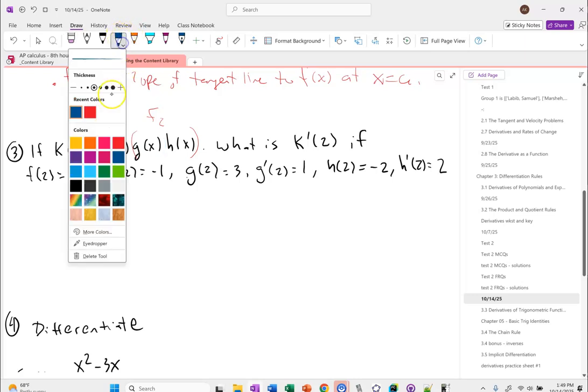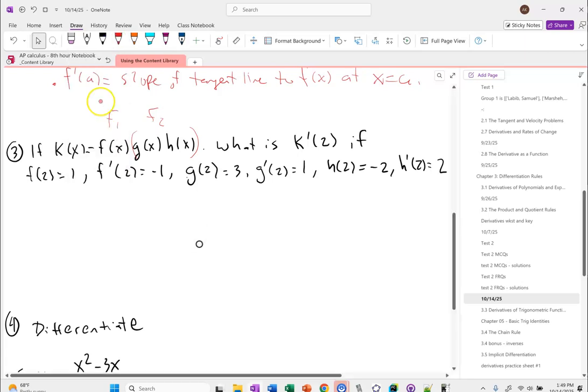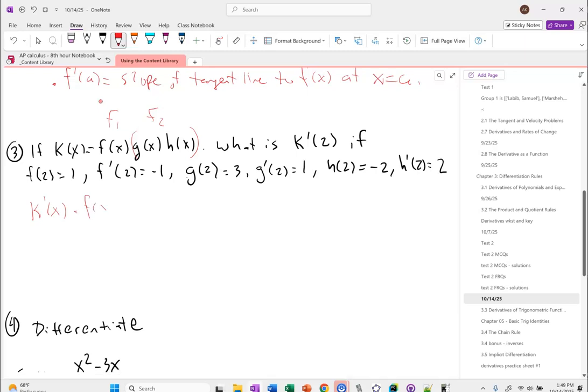Is everybody okay with that idea? So the derivative of k is going to be f of x times the derivative of g of x times h of x plus g of x times h of x times the derivative of f of x. That's my first step in my product property.